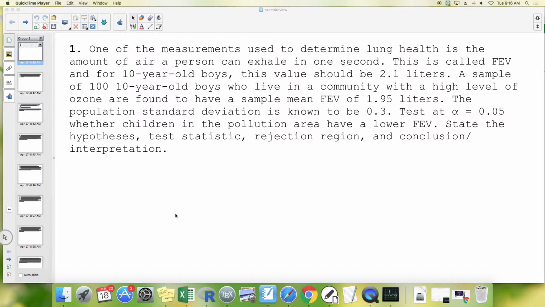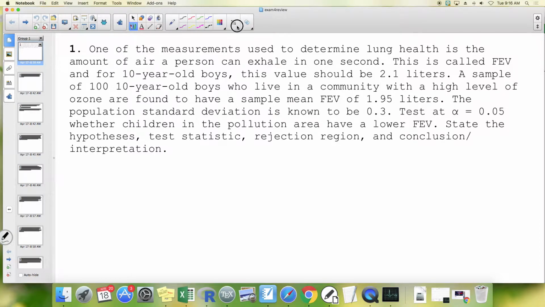All right. So first question, is it one sample or two sample? One population or two population? So one population. Is it a means problem or a proportions problem?